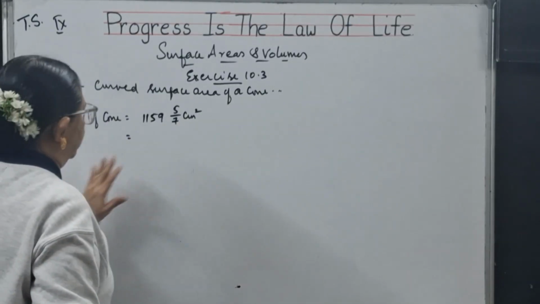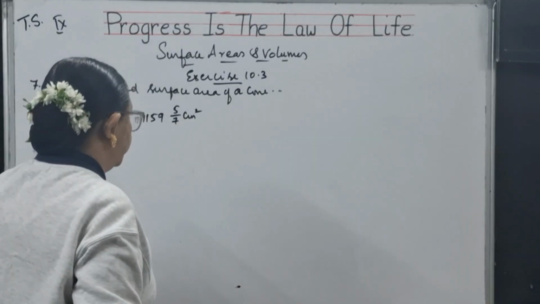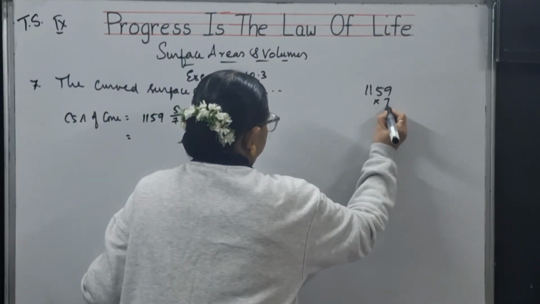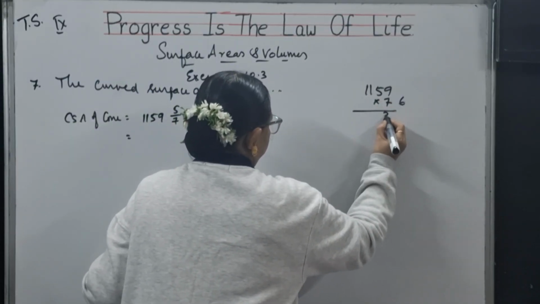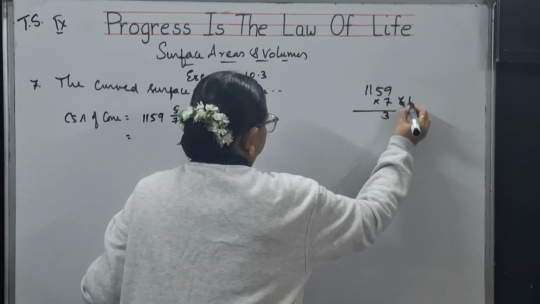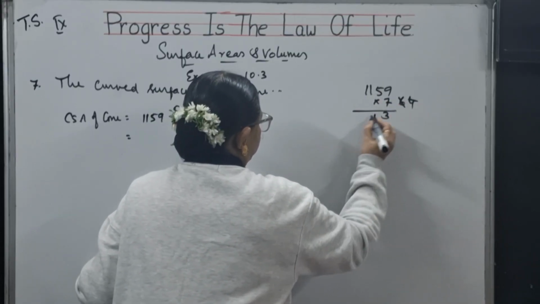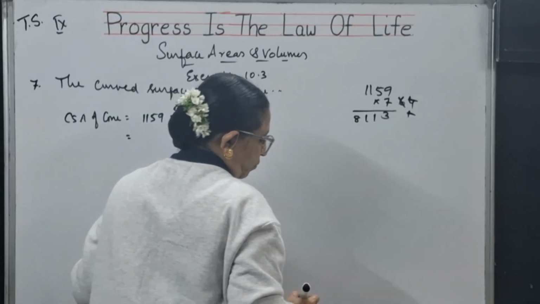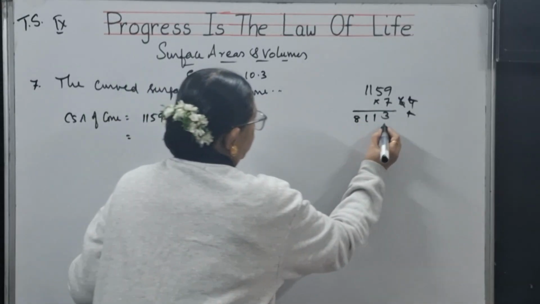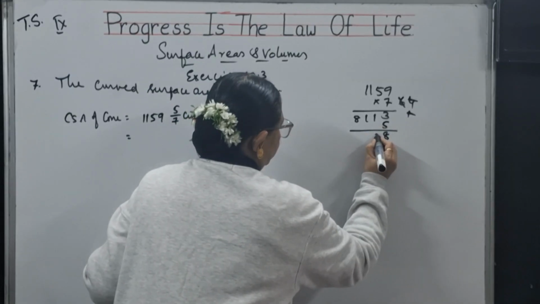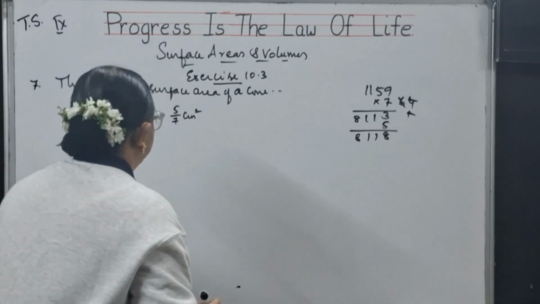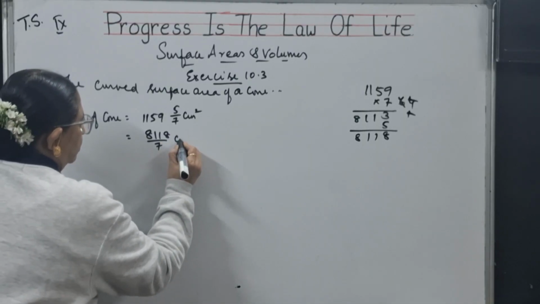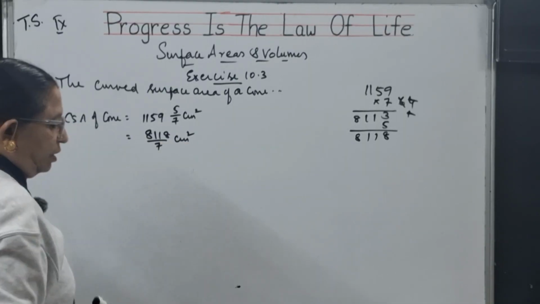Let us first make it an improper fraction. 1159 into 7: 9 sevens are 63, 35, 5 is 41, 7 ones are 7, 4 is 11, 7 ones are 7, 1 is 8. 8113, and for this you have to add 5, so 8118. So the CSA is 8118/7 square centimeters.